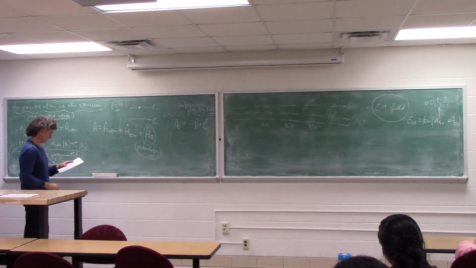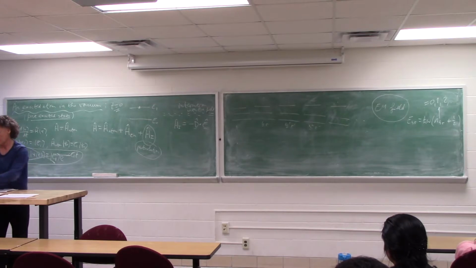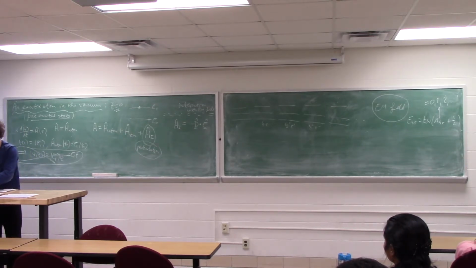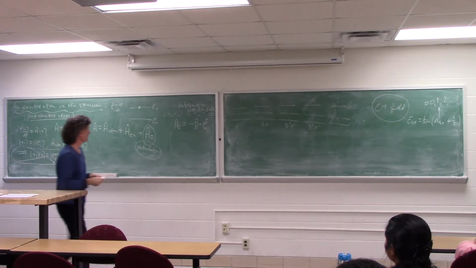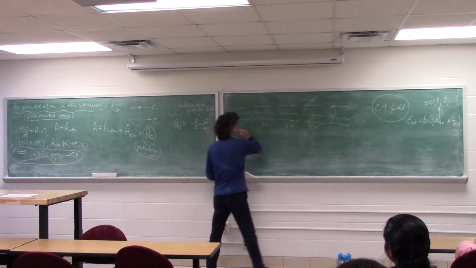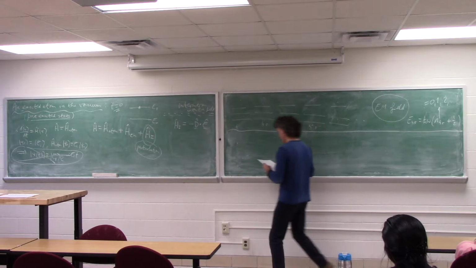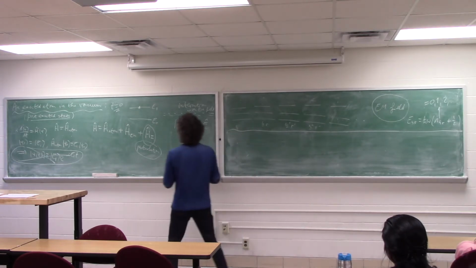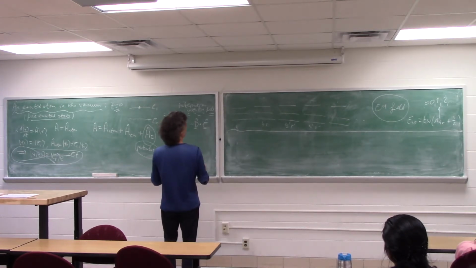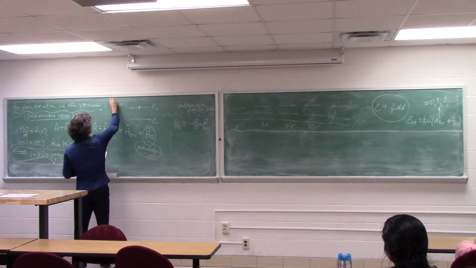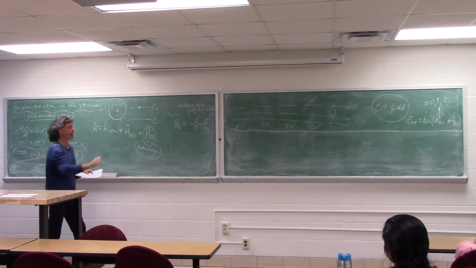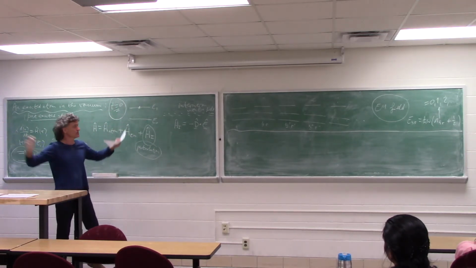Now, what is the effect of this perturbation? Just maybe draw it here like this. All right, let us say that at t is 0, I have the total state of the system.